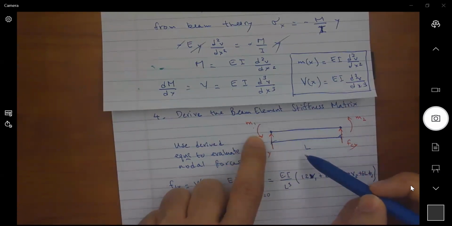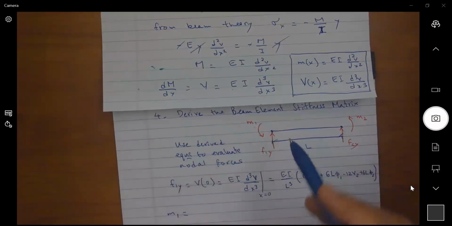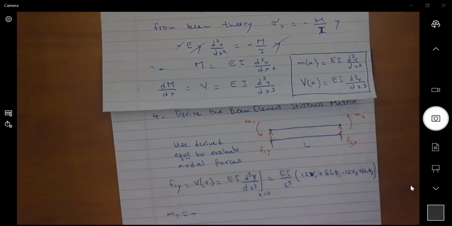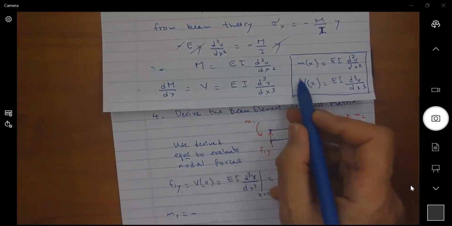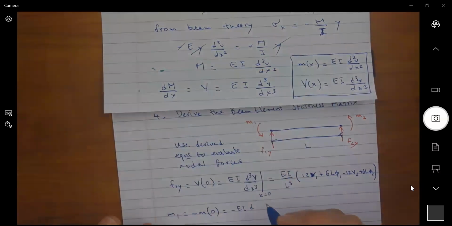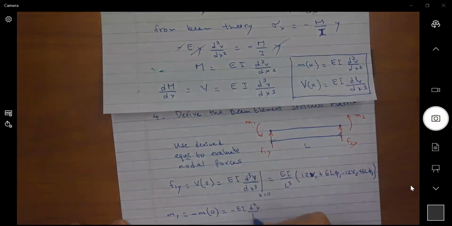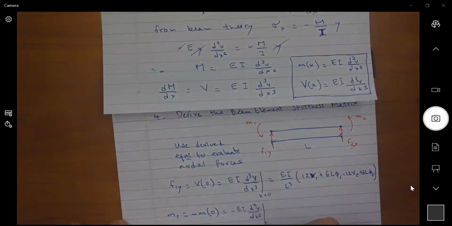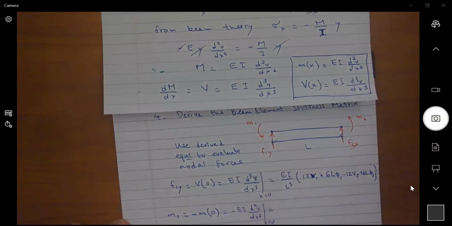So it's negative. It's a negative bending moment. So I'm going to throw in a negative sign and then start using m of x. So minus m of x is 0. That would mean I'm going to use a minus EI and here I have d2v by dx squared. And I'm going to evaluate that at x equals 0.